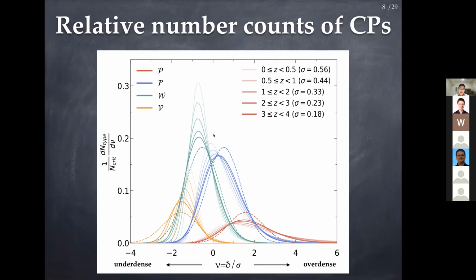Now you can see that the final shapes are a lot different from the Gaussian random field predictions, meaning that it lost its initial information at the end, and also the symmetry which existed in the initial conditions is now totally broken. So in terms of one-point statistics, the symmetry in the Gaussian random field is totally broken even at this mildly nonlinear regime.